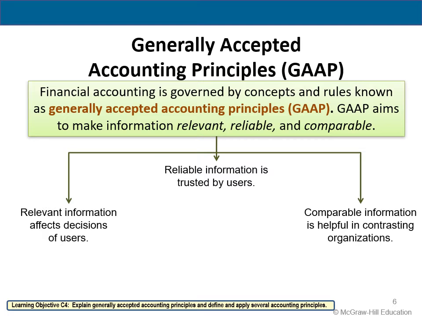Also, if I want to compare Apple to one of their competitors, let's say Samsung, well, both companies use GAAP to prepare their financial statements. So I can look at Apple's financial statements and then Samsung's and determine which company had a better year. That's what we call horizontal comparability. And that's the purpose of GAAP, to make information relevant, reliable, and comparable.